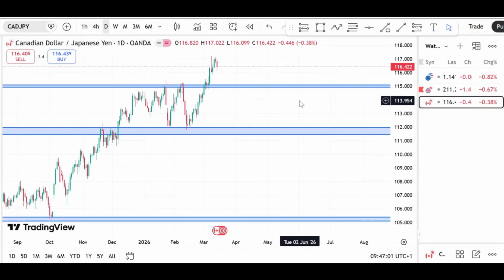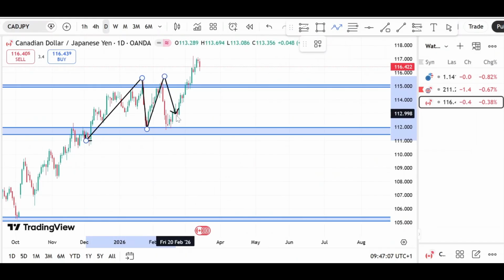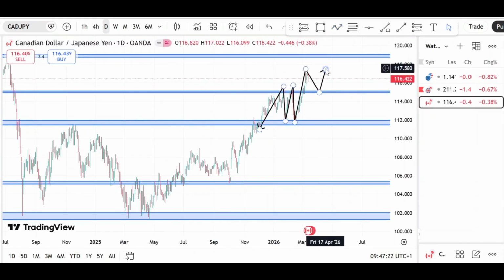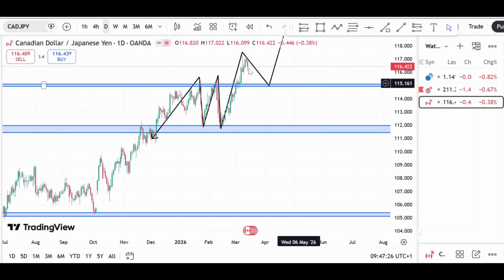Initially we're in a range or consolidation. We are seeing equal highs and equal lows, but the buyers managed to break the daily structure, and after breaking structure, we're waiting to see the retest before we enter for buy in order to target this upper zone, the weekly upper zone.